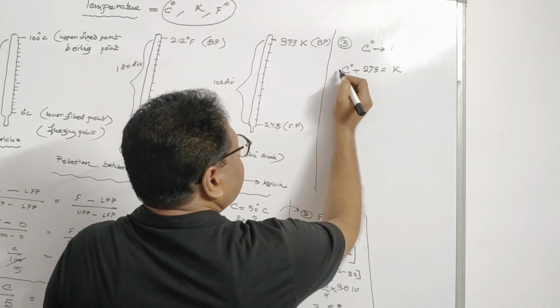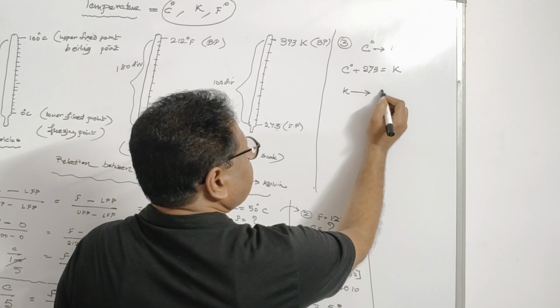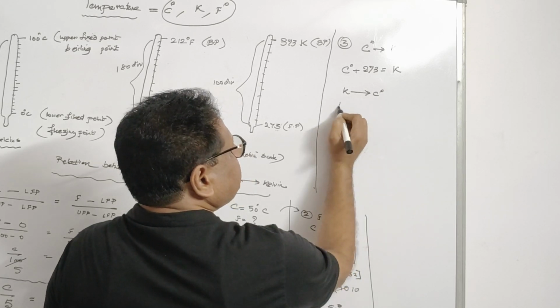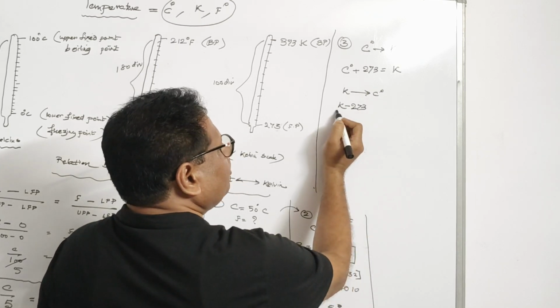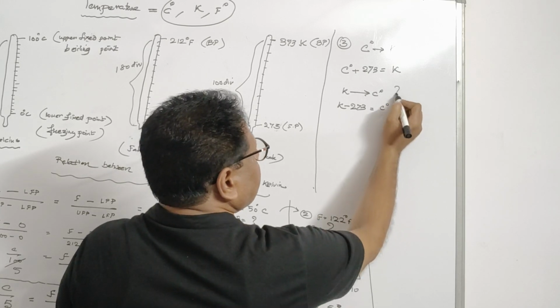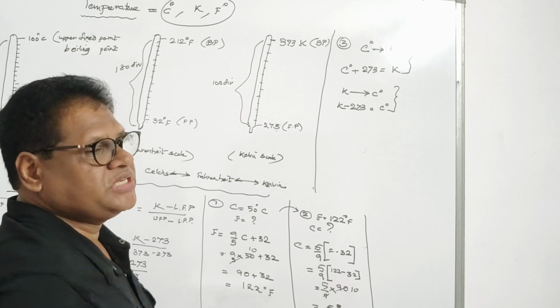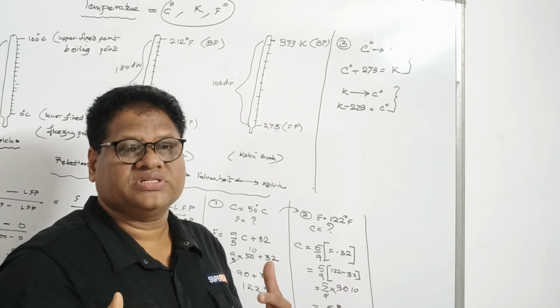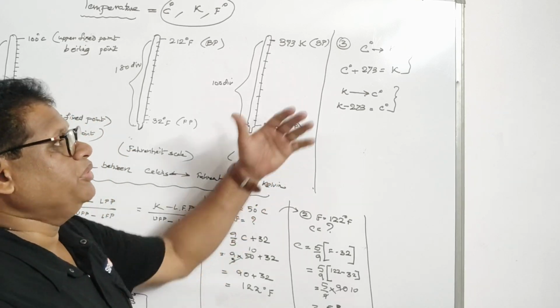Similarly, if you want to convert Kelvin scale to Celsius degree, then simply subtract 273 from Kelvin, you will get the temperature in Celsius. So these are very important conversions, especially when you are handling the questions in MCQ. So you don't have to use heavy calculations. This will help you out.